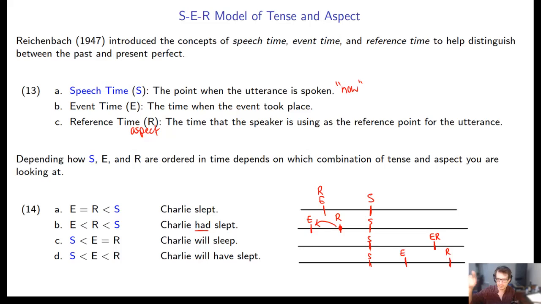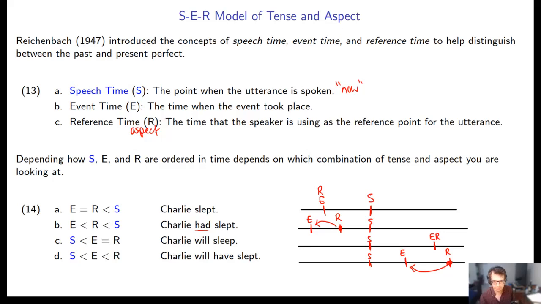And we're saying, at that point in time, the sleeping event will have already occurred. So at this reference time tomorrow, at R, the event of sleeping will have already occurred. So we can say Charlie will have slept. It's thinking about E, the event, in terms of that reference point.